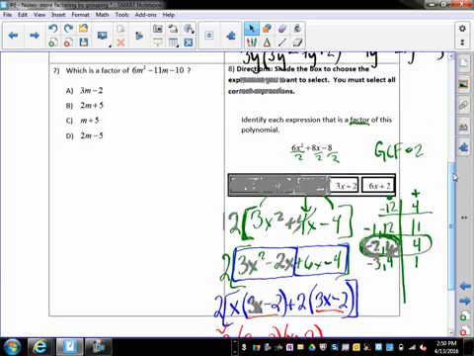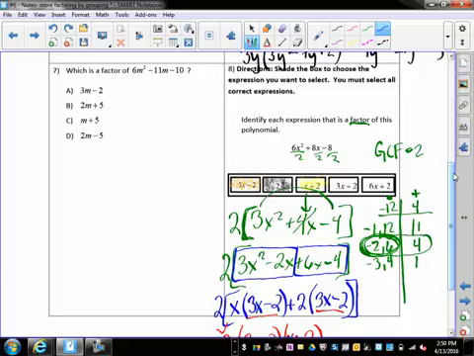Okay. Do we have a GCF? Yes. Well, it's just 1, right? There's nothing bigger than 1. Uno. Okay. Multiplies to negative 60, adds to negative 11.